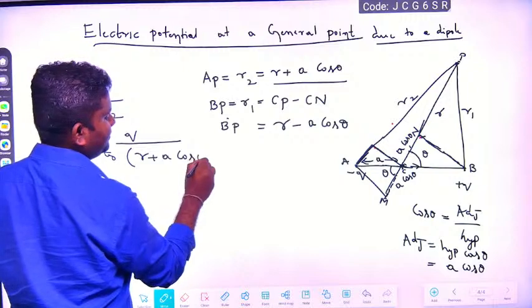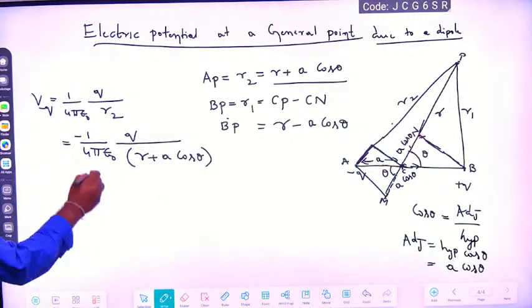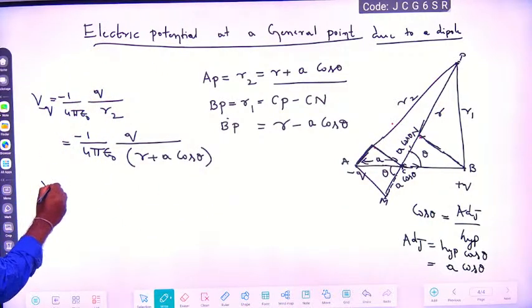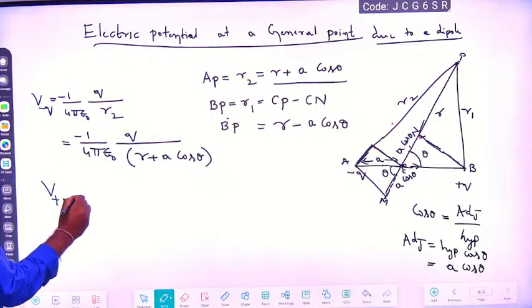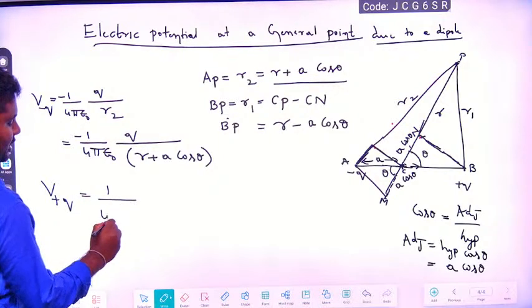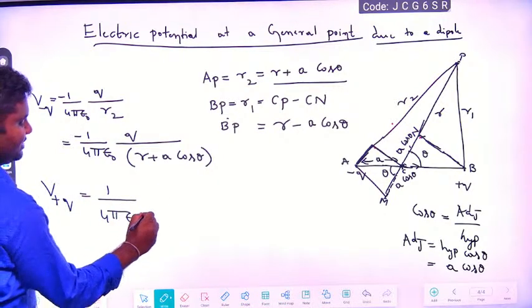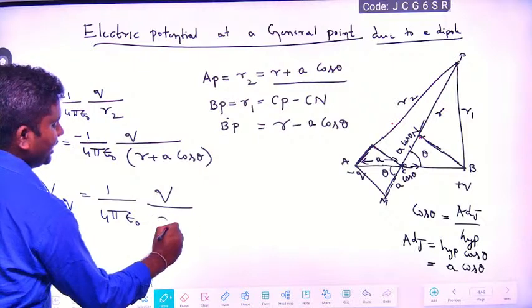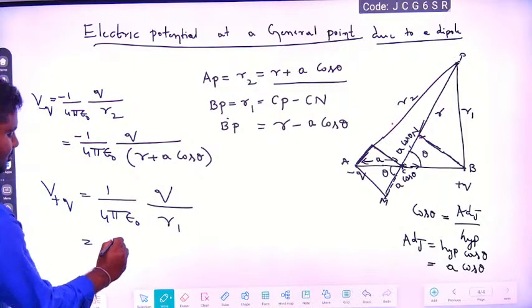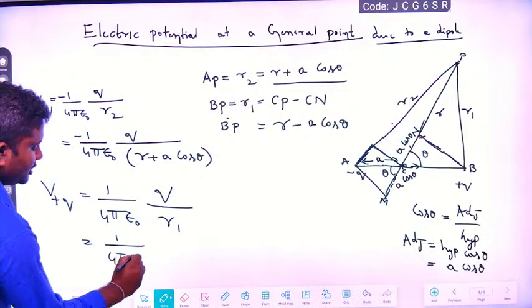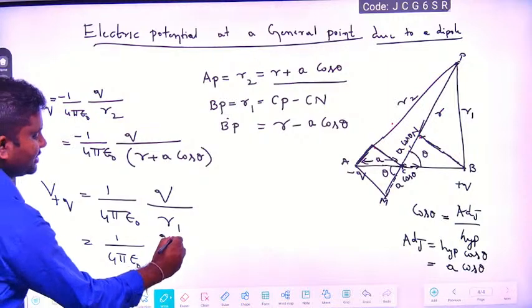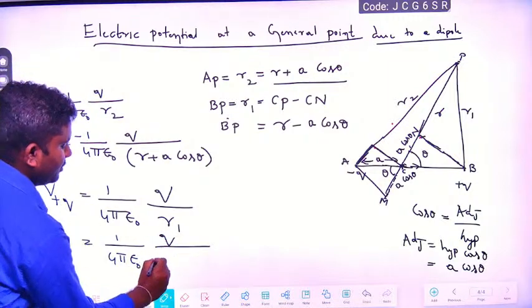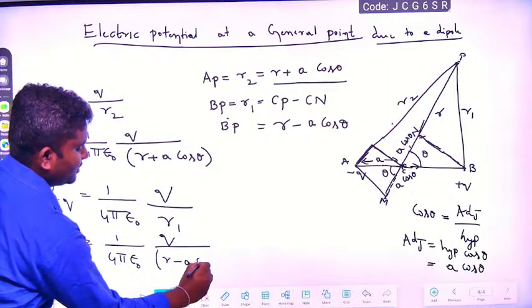Very good. This is negative. Now this V plus Q is how much? 1 by 4 pi epsilon naught plus Q divided by R1, right? Now can you please write 1 by 4 pi epsilon naught Q divided by, what is R1? R minus A cos theta.